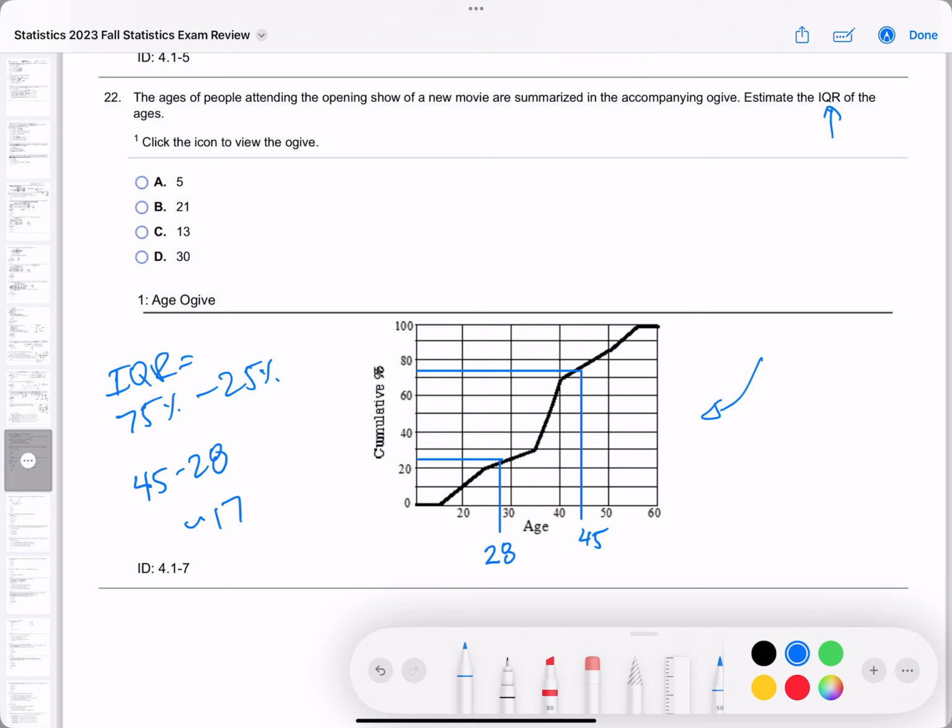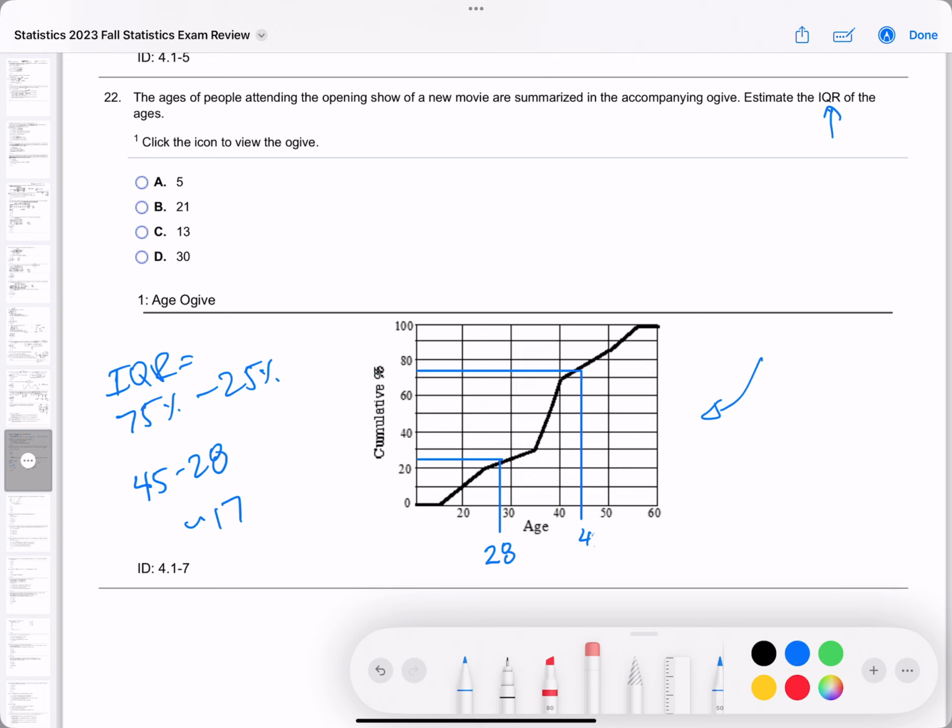And then I look up here and I see 25% is 15. Does that answer what it asks me? Yes, it did ask me for the IQR, 75% minus 25%. Did I get 28? This might be a little lower.